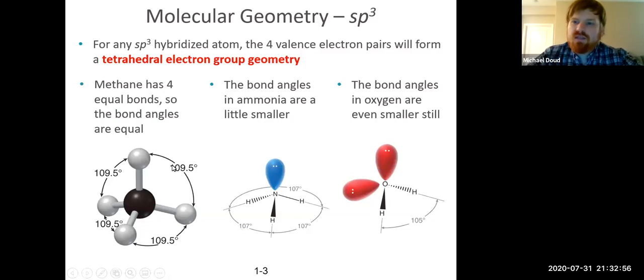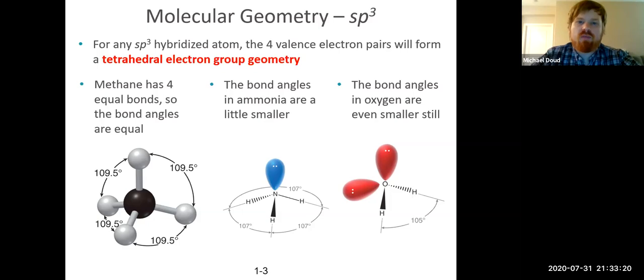Now, that's the hybridization. We want to keep in mind that we have this sp3 hybridized atom. It's got 4 valence electron pairs, and this is going to give us the general group, which is a tetrahedral electron group geometry. This is distinct from the molecular geometry because in the electron group geometry, we consider the position of the lone pairs.